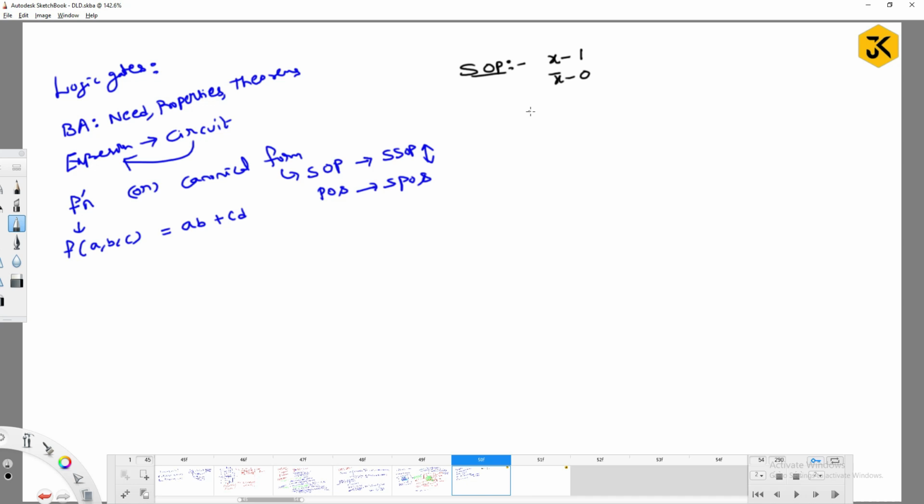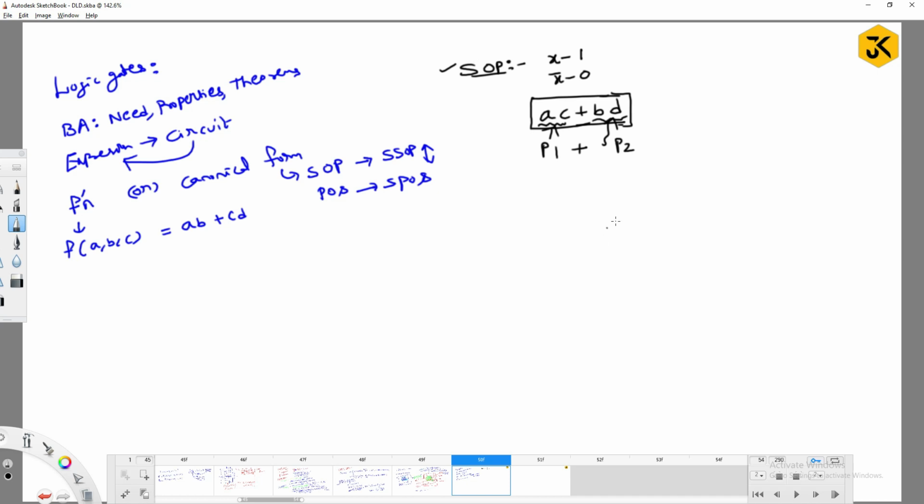Sum of products means, if I take AC + BD, does this expression come under sum of products? Yes. We take each and every term as one product, product 1, product 2, and I make the sum of these products. I can call it sum of products only.